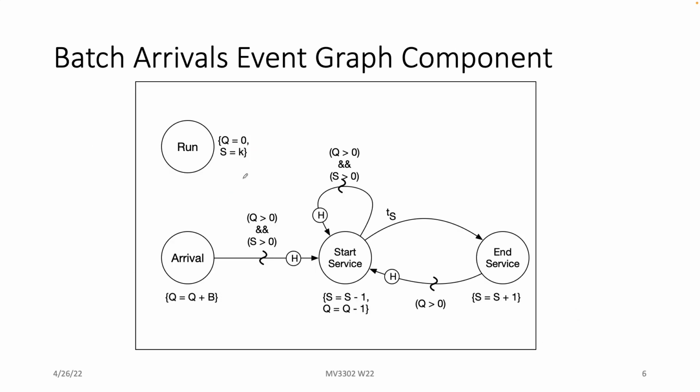Okay, so the component type of model for that would look something like this, again, run initializing the state variables, the arrival incrementing by a batch. So this is the arrival of a given batch.